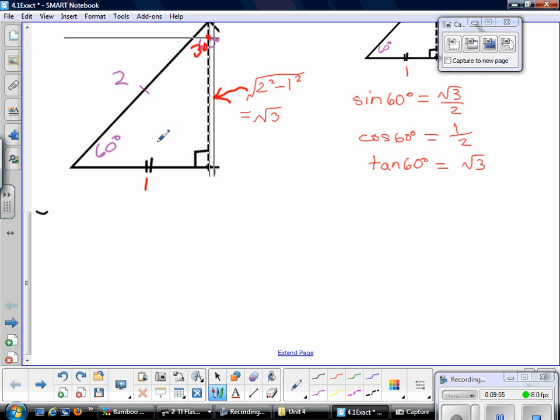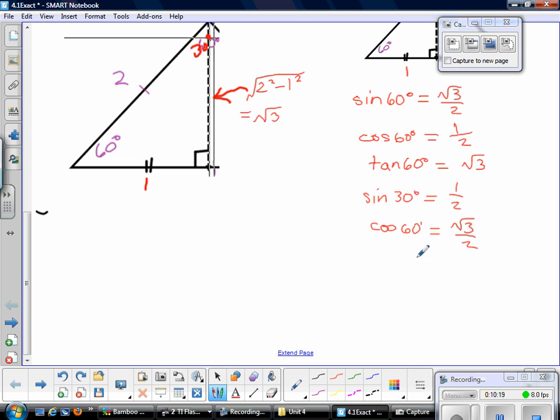I can use the same triangle, but this time for the angle 30. So the sine of 30 is going to equal opposite, which is 1, over hypotenuse, which is a half. The cos of 30 equals the square root of 3 over 2.